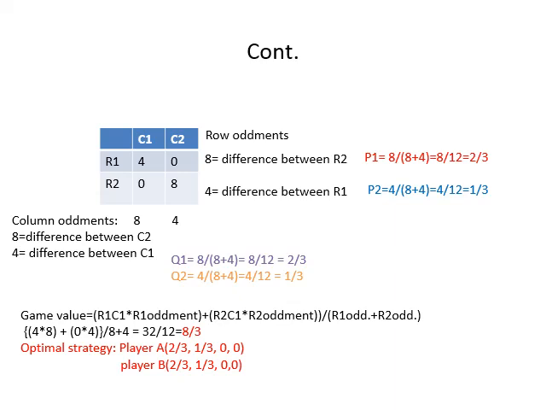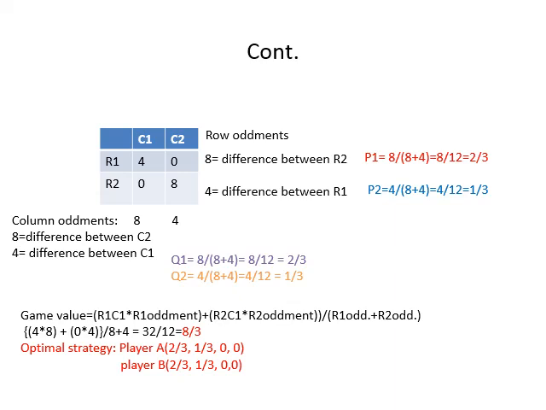First we will apply the row odd means. The odd means for R1 equals the difference between the values of R2, 8 minus 0 equal 8, and the odd means of R2 equal the difference between the values of R1, 4 minus 0 equal 4.